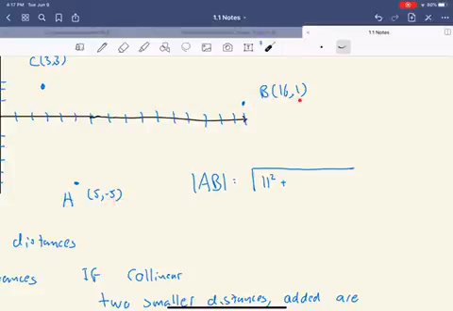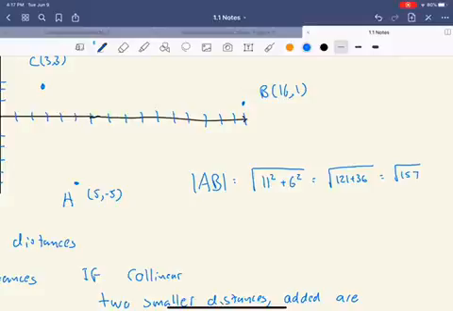Well, negative 5 to 1, those are 6 apart. So that's going to be the square root of 121 plus 36, the square root of 157.